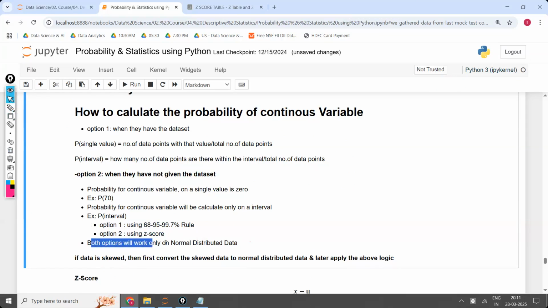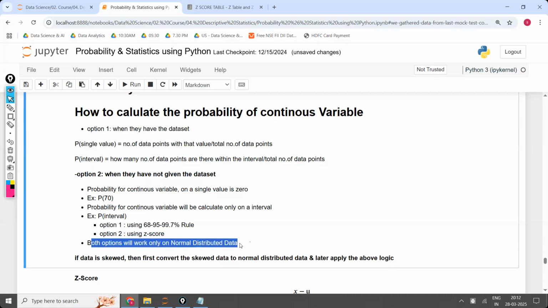But both options work only on normally distributed data. First, the data should be normally distributed. And how do we check whether the data is normally distributed? Already we have completed it. 4 options are there. What are the 4 options? Skewness, mean and median, histogram, KDE plot. After checking that the data is normally distributed, then only we can apply these logics.